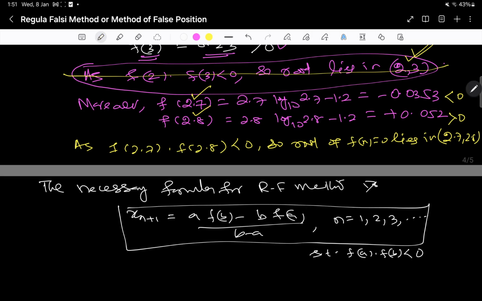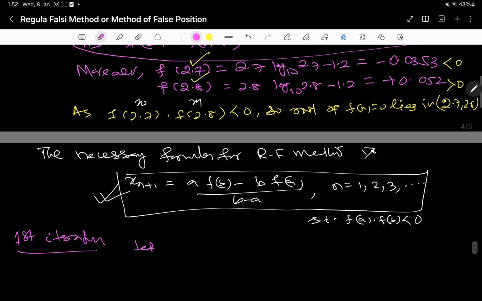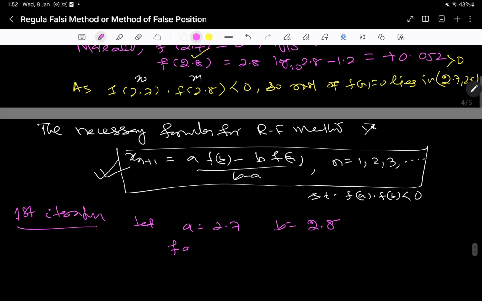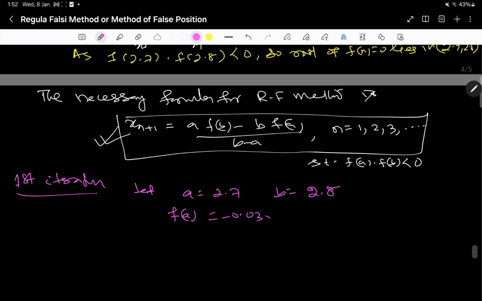Now our necessary formula is this. This is my x0, this is my x1, and I have to find x2 onwards. Coming to the first iteration, let x0 or a be 2.7 and b be 2.8. Then f(a) is minus 0.0353 and f(b) is 0.052.